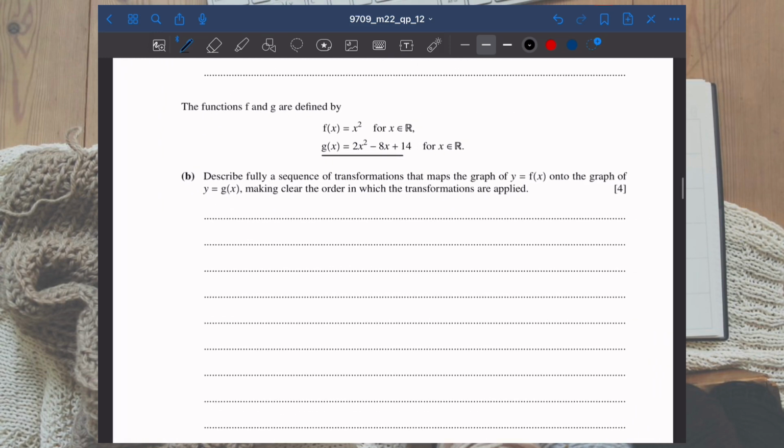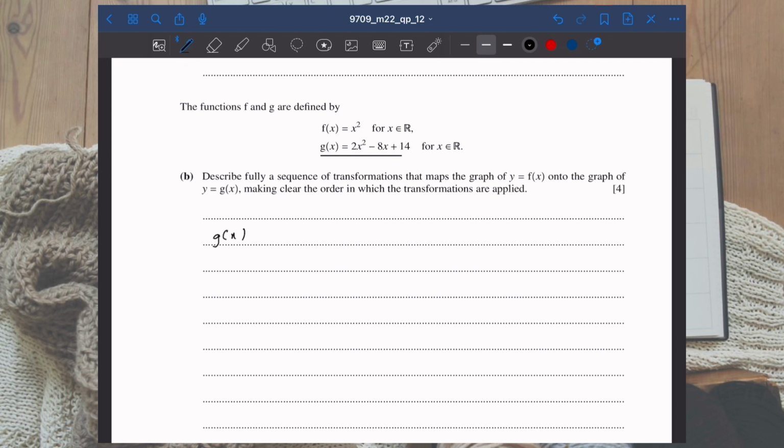So you can rewrite g of x as 2 bracket x minus 2 squared plus 3. By writing it this way, you can clearly see how f of x maps onto g of x.